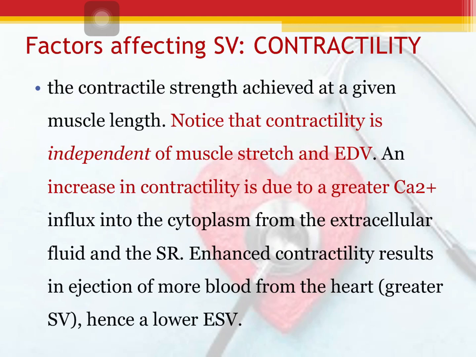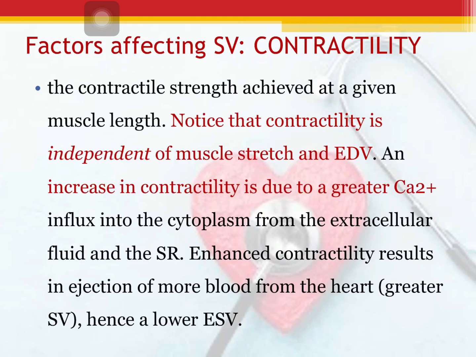Enhanced contractility results in ejection of more blood from the heart, which results in greater stroke volume, hence a lower end systolic volume. So meaning, unlike the preload, which is caused by an increase in venous return, the contractility is independent of the muscle stretch and EDV.